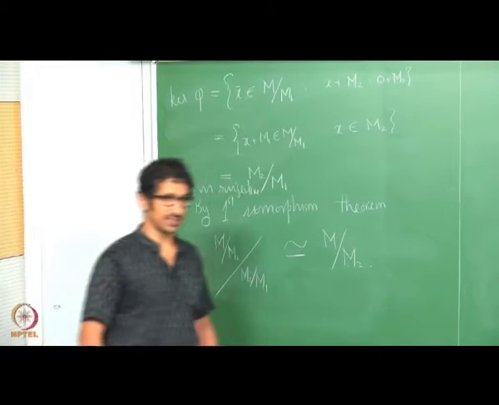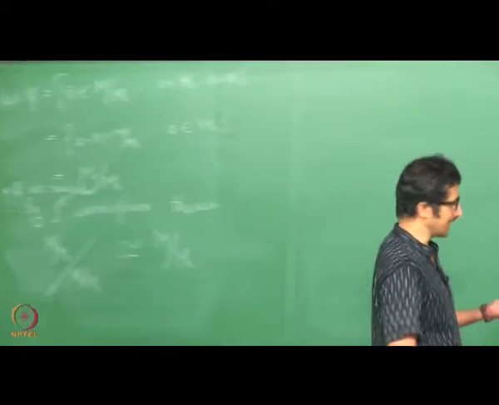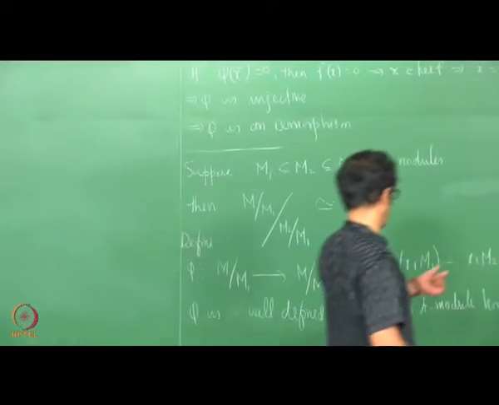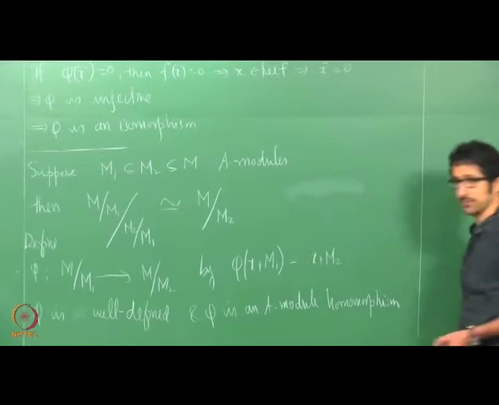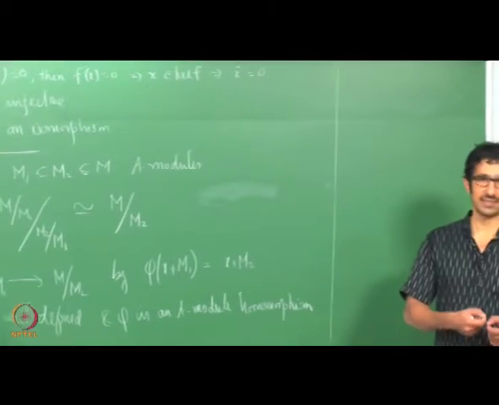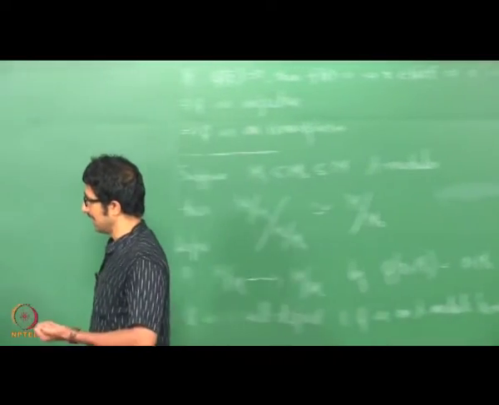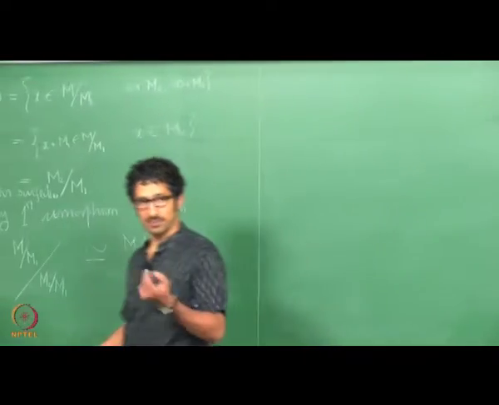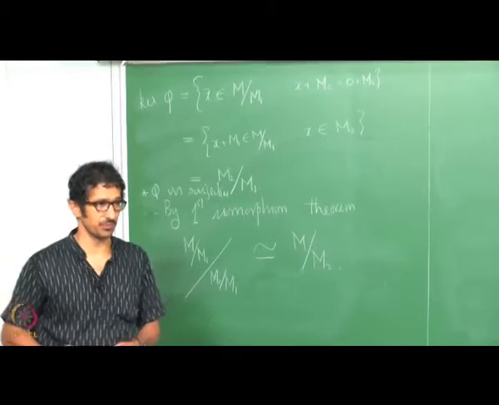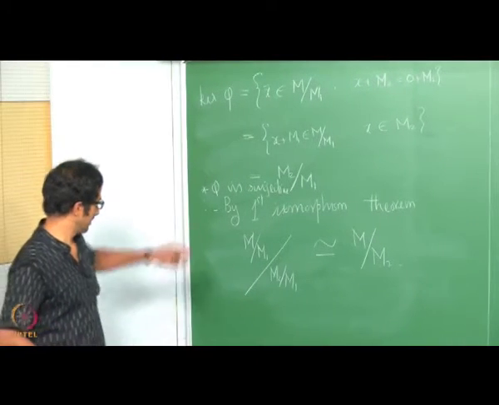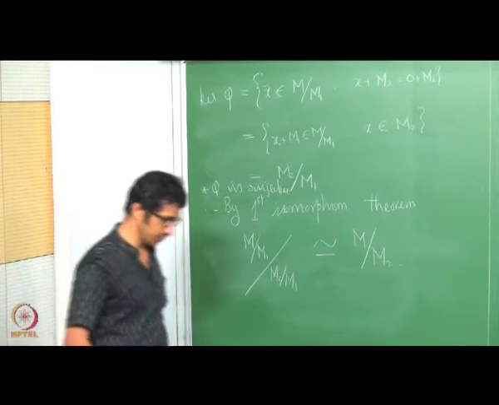Why is phi surjective? If you take any x plus M2 in M mod M2, then look at x plus M1, and phi of x plus M1 will be x plus M2. Therefore, it is surjective, but yes, this needs to be shown.